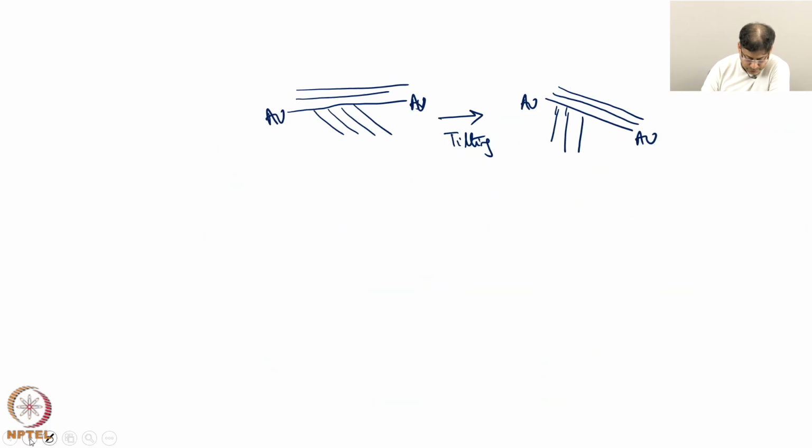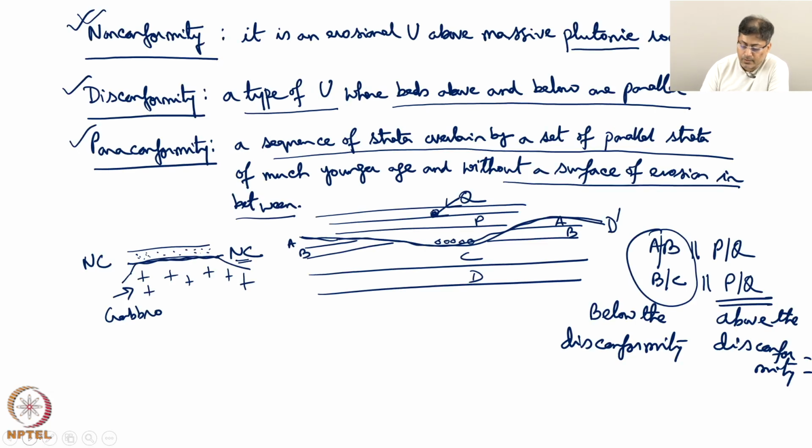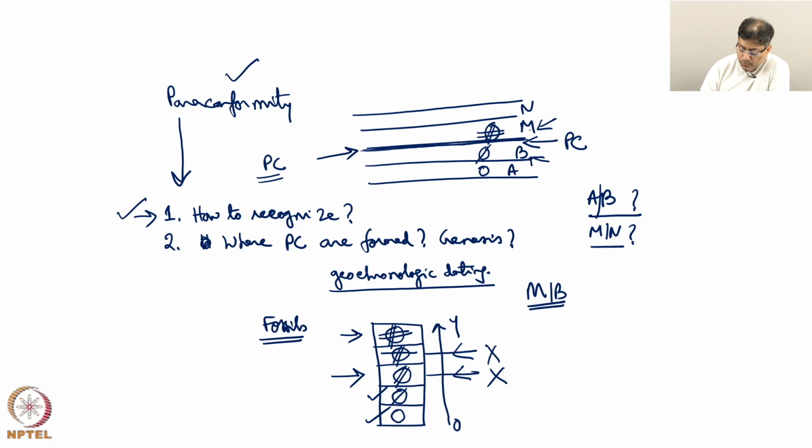This has been demonstrated. An angular unconformity can be horizontal, but everything can be tilted. So, this can be a field appearance. A non-conformity, disconformity and paraconformity have also been defined. In case of paraconformity, there is no erosional layer seen in between. The way to identify can be geochronologic dating, but that is time taking, and the other way is using the fossils, but that needs some paleontological training.